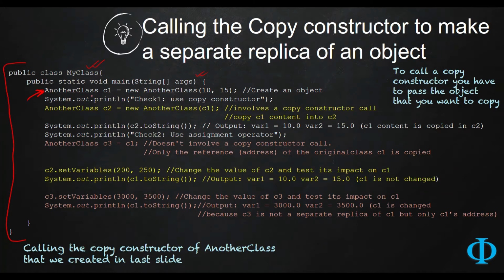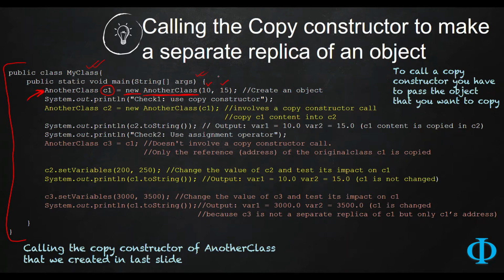Here I have created an object of another class called C1, which is basically an entirely new object of another class. And also I have passed the values 10 and 15 to set the var1 and var2 variables of another class.